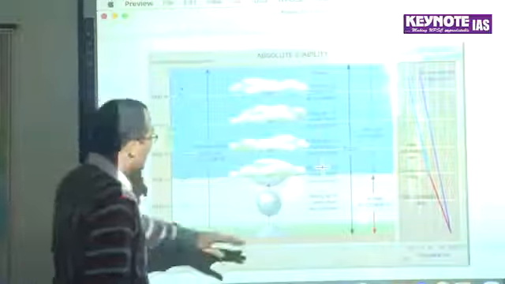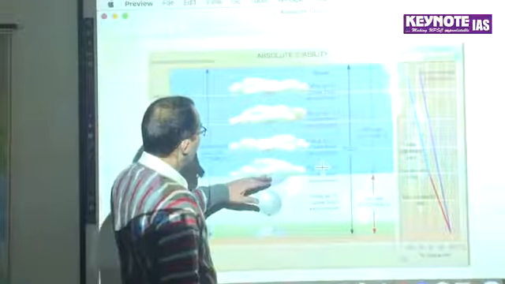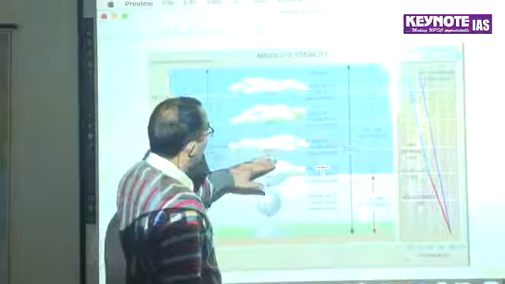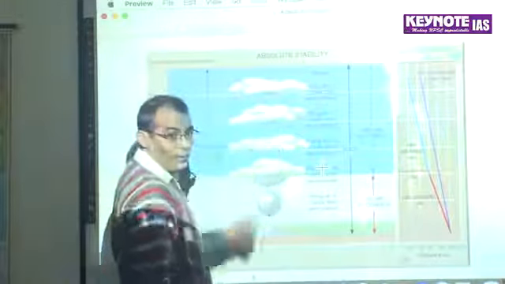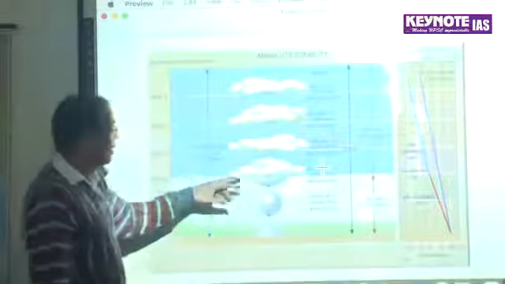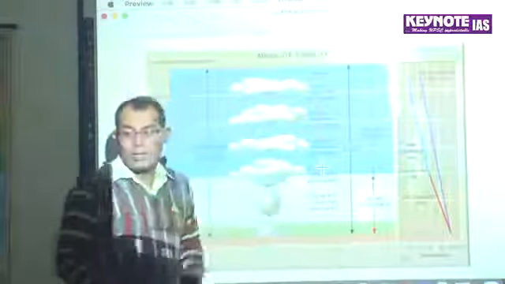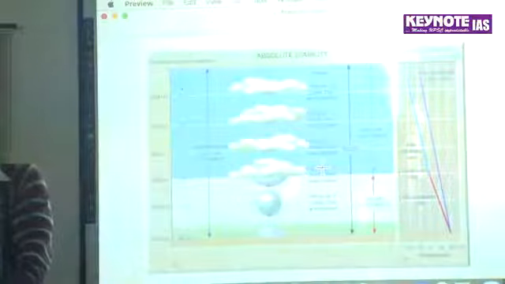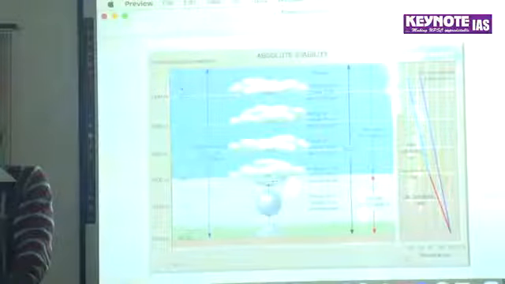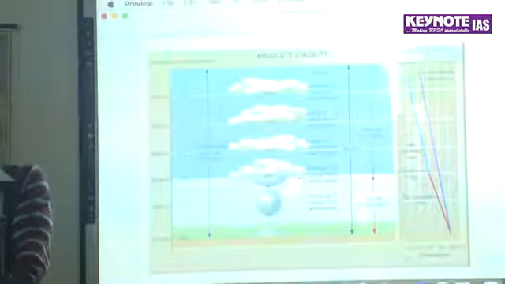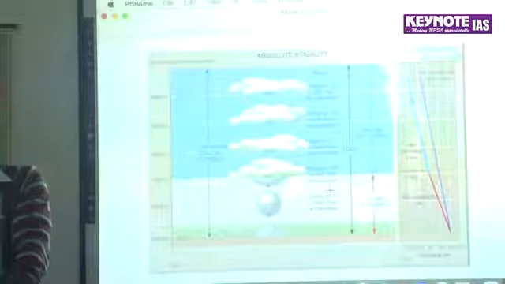No, this is for dry air. Now look at here, this one is for wet air. Saturated air, that's what you call lifting condensation level. So at the point of lifting condensation level, look at where the condensation has started, roughly around 2 kilometers. So here, the rising air is 10 degrees cooler than the environment, showing the dry adiabatic lapse rate.